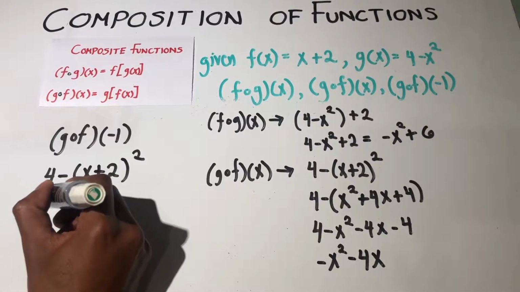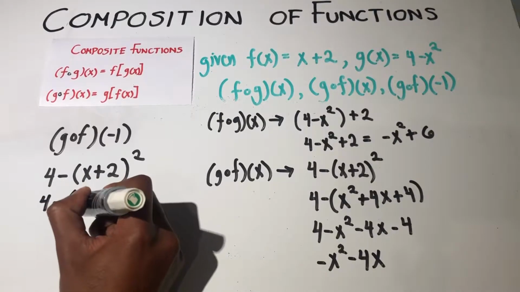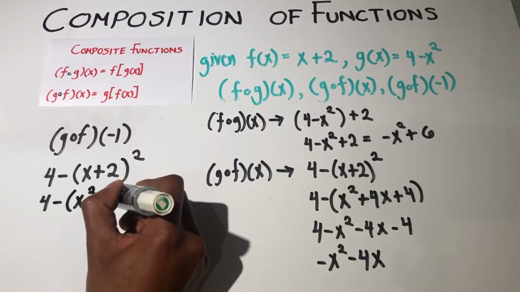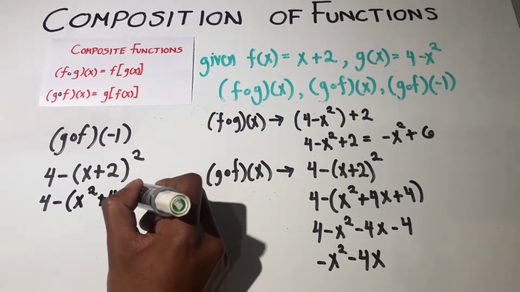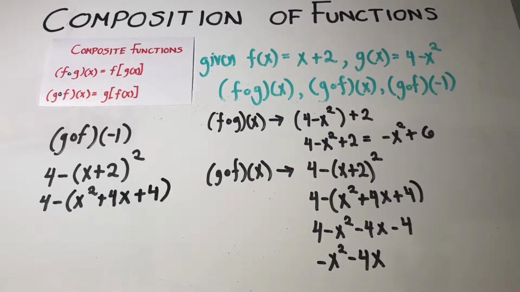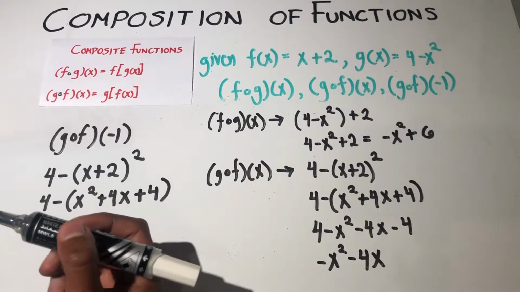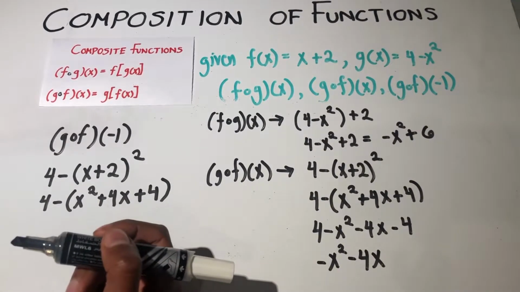It's going to give us 4 minus x squared plus 4x plus 4. And then we're going to use the distributive property, or you can plug in the -1 in here right away.